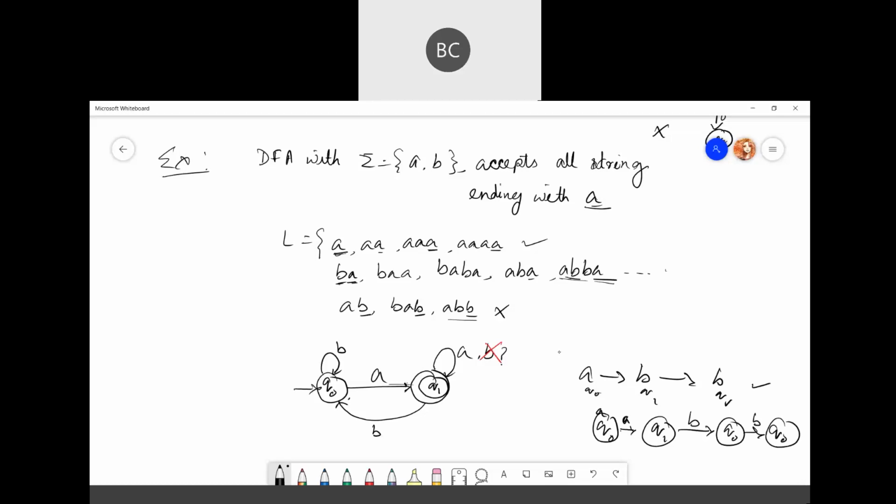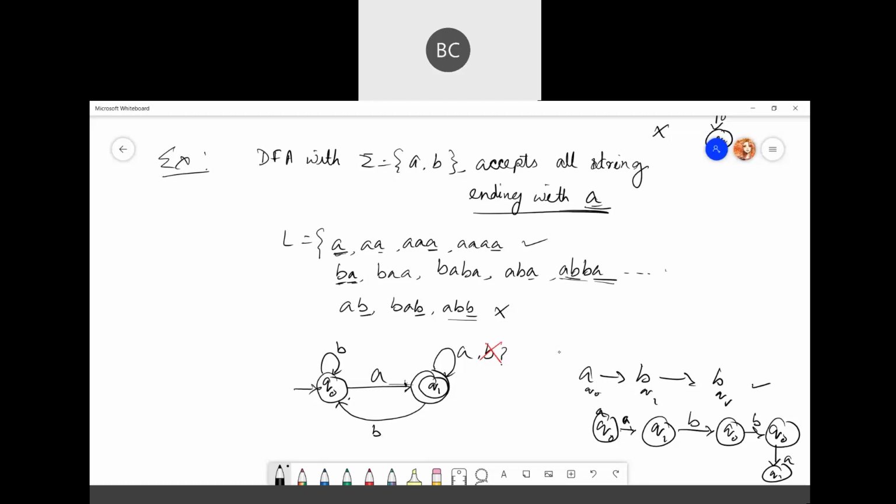Okay? Then it has to read A. Then only it will come to the final state, which is Q1. So any string containing A, B, any string is there, it will always end with A. Means ending will be always with A.